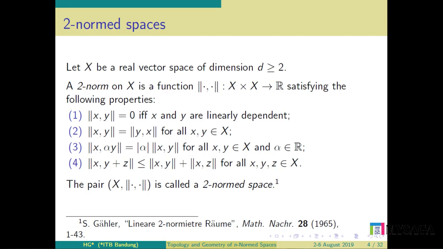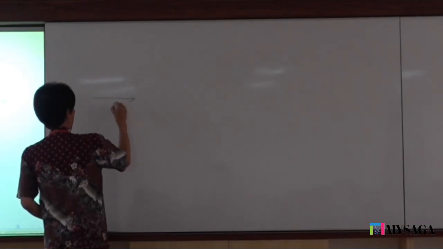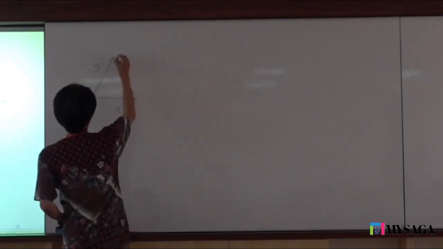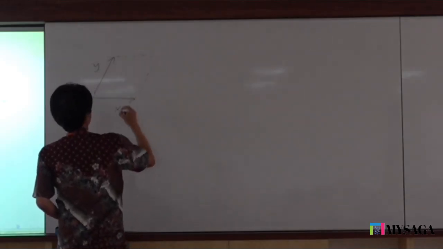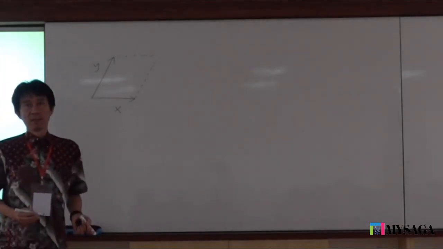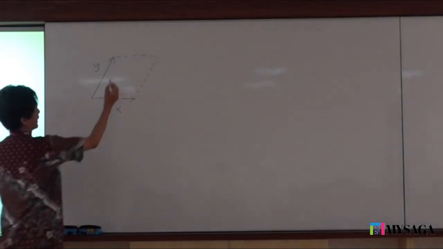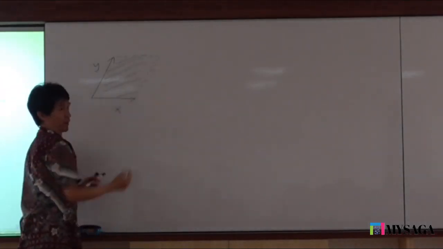Imagine you have 2 vectors x and y, and imagine you have the parallelogram spanned by x and y. By the parallelogram spanned by x and y, I mean this region.